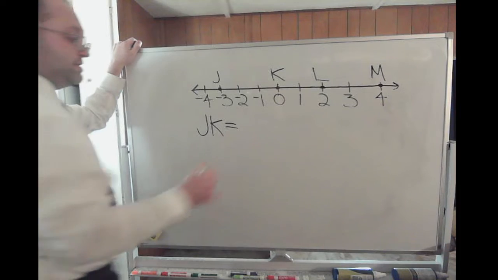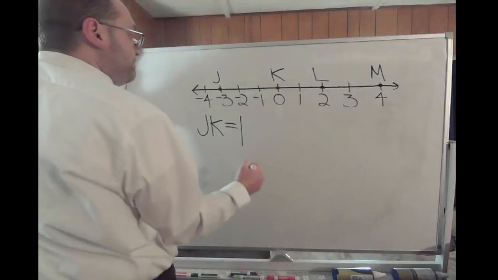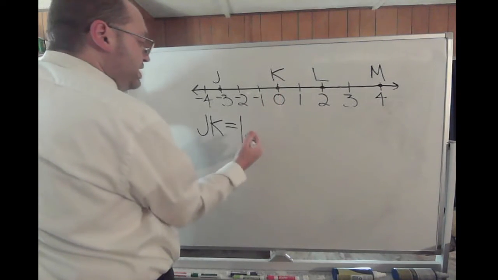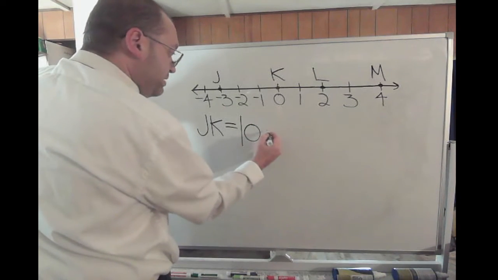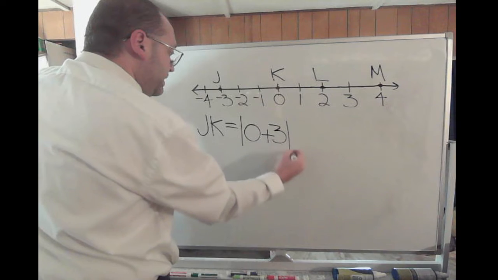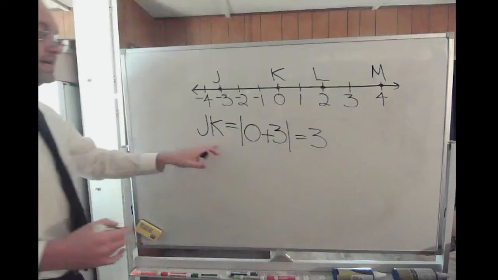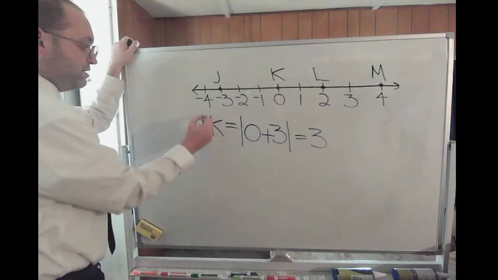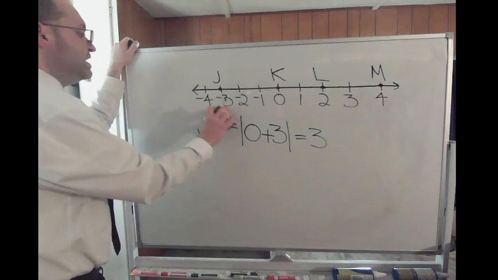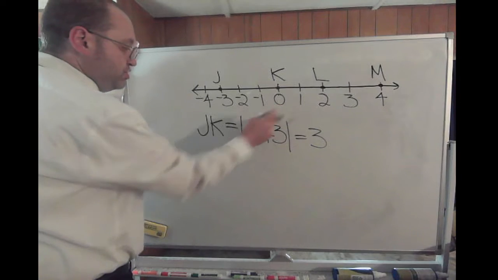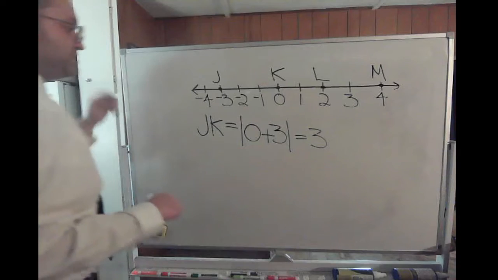How you find the length of a segment is you take the absolute value of the second coordinate, which would be K, minus your first one, which would be -3. 0 minus -3, that's 0 plus 3. That would equal 3. So the length of segment JK is equal to 3. If I just had a bar over it, that would simply mean line segment. But if I want to find the length of that segment, the distance between the 2 points, I don't put a bar over the 2 letters, if that makes sense.